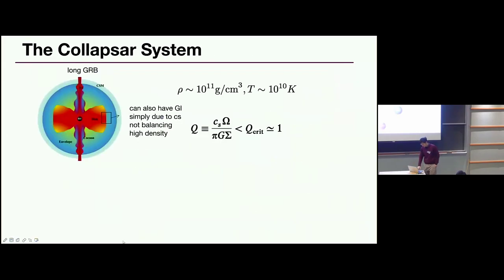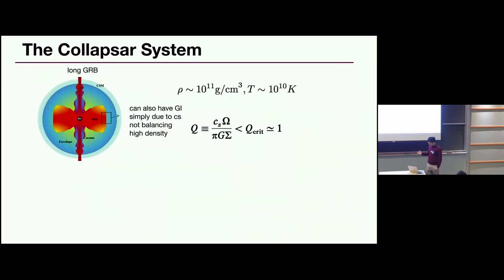So one system we can apply this to is the collapsar system. When a massive, rapidly rotating star collapses, it may form a newborn black hole surrounded by very dense, neutron-rich material in the form of an accretion disk. This disk is suggested to power some long gamma-ray bursts.